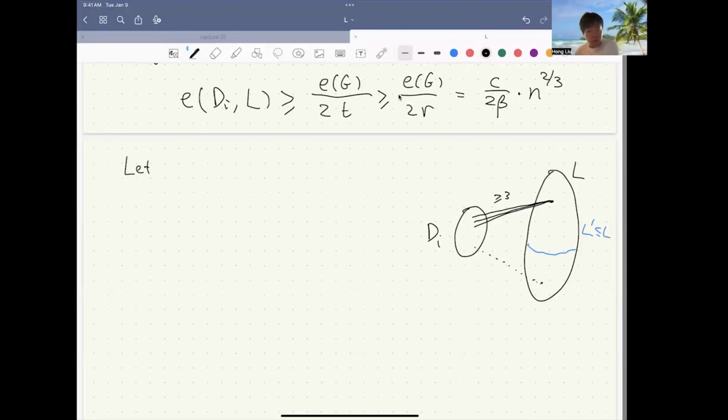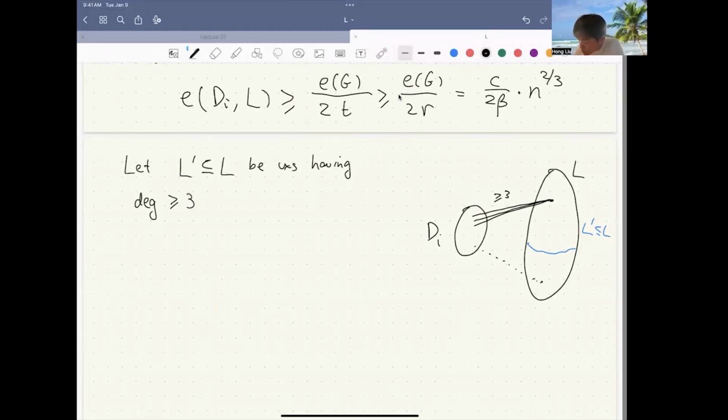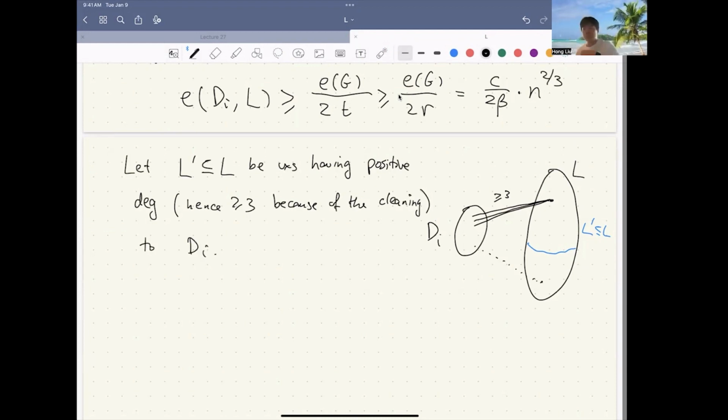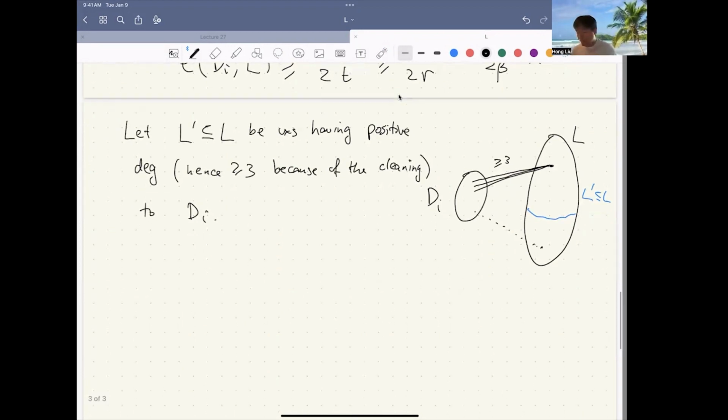So let L prime be the set of vertices in L having positive degree, hence at least 3 because of the cleaning, to Di. Okay. Very good.